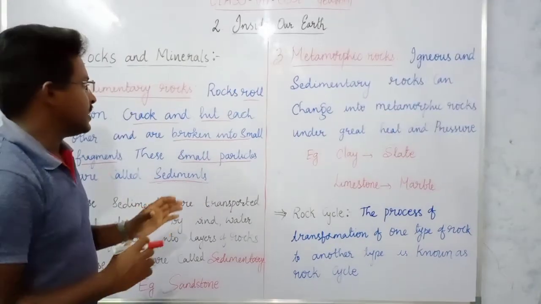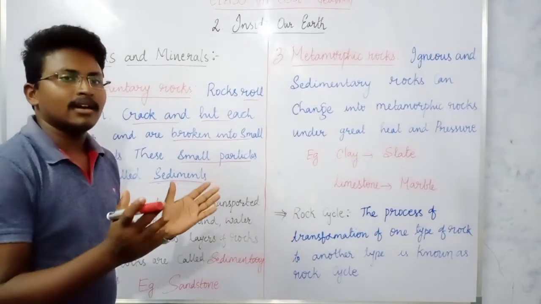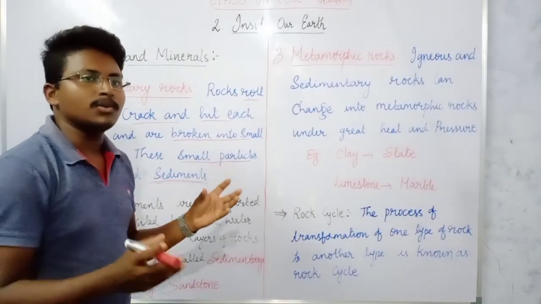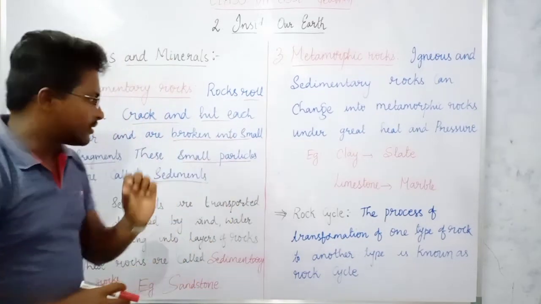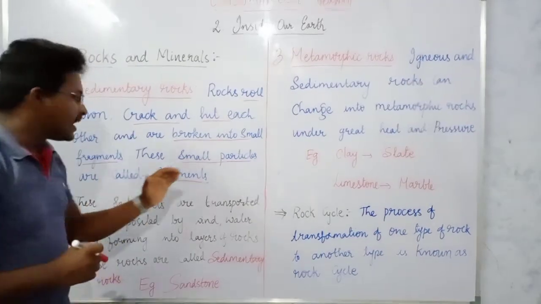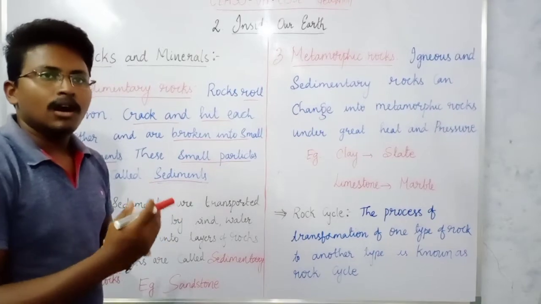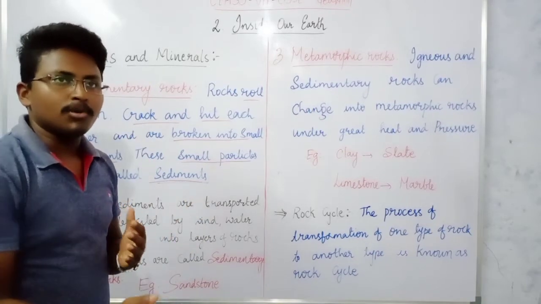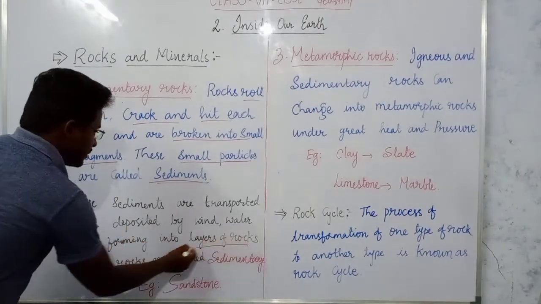Again, the igneous rocks will be rolling down, cracking, or sometimes broken into small pieces. These small particles, we call them sediments. And these sediments are transported either by water, by wind, or by any other natural process. What they will do is form into layers of rocks.